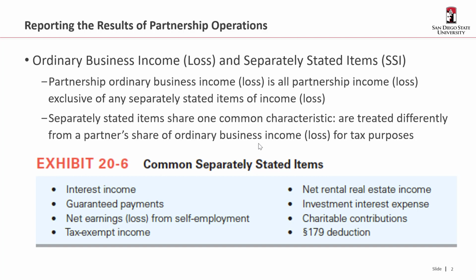Separately stated items share one common characteristic: there must be some form of treatment that is, or could be, different from ordinary business income on a partner's individual tax return, or corporate return if the partnership has a corporate partner. Commonly separately stated items are things like interest income, guaranteed payments, net earnings and loss from self-employment, tax-exempt income, net rental real estate income, investment interest expense, charitable contributions, long-term capital gains, Section 179 deduction, and some other things.